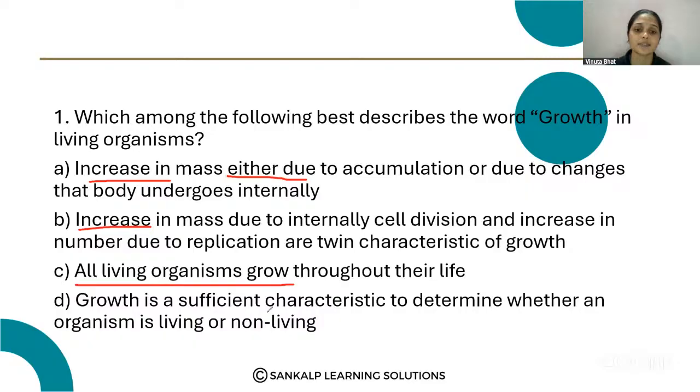Option D: Growth is a sufficient characteristic to determine whether an organism is living or non-living. Which one describes the word growth properly? What is the correct answer for this question? Let's try to solve this question.